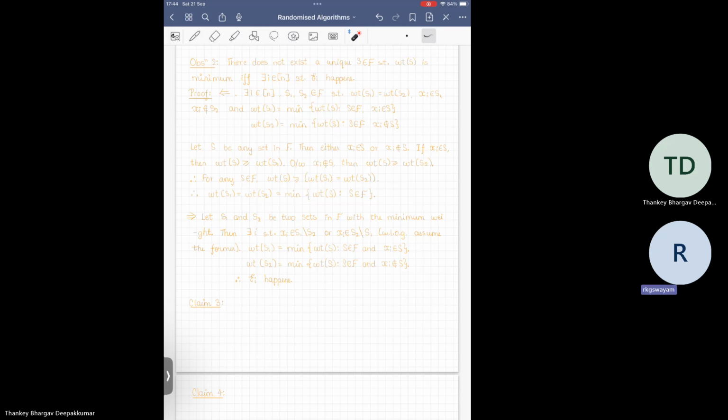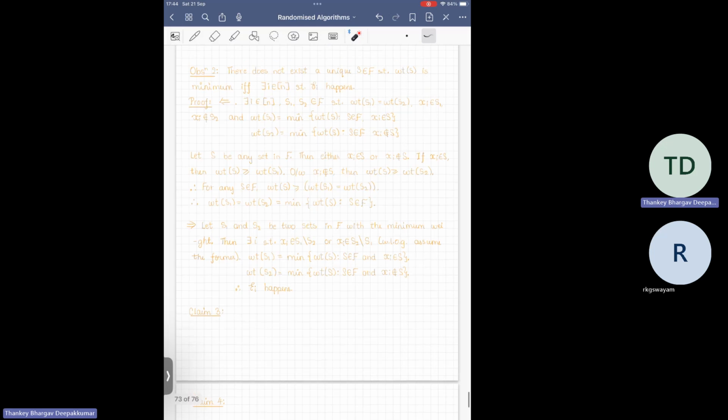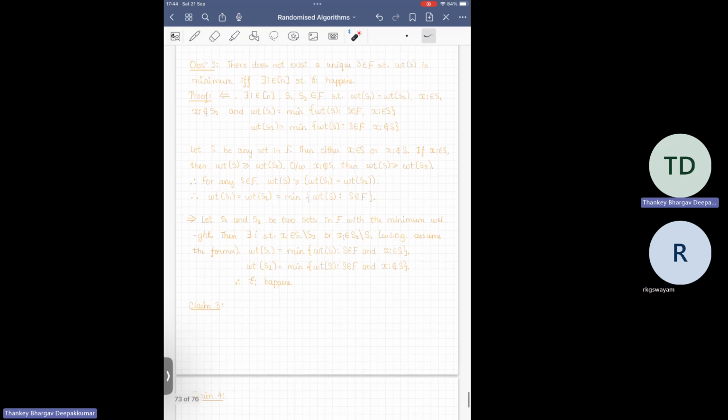I could not hear this. Okay, so what I said was I want to upper bound the probability that there does not exist a unique S in F such that weight of S is minimum, right?